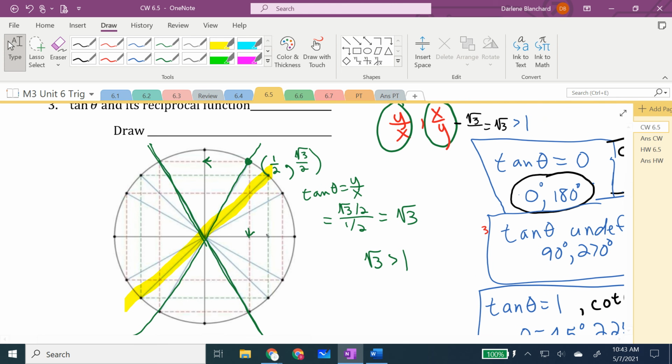And what I want you to really do is compare now the slopes. And I'm putting M for slope. I have a slope of root 3 when I'm at a 60-degree angle. I have a slope of 1 over root 3 when I'm at the 30-degree angle.